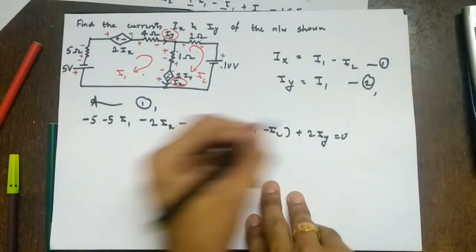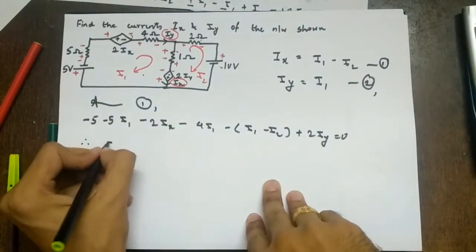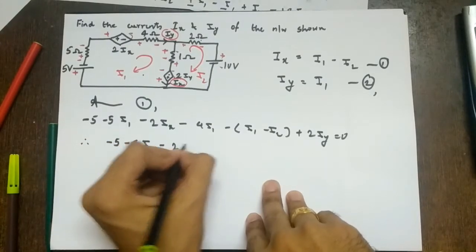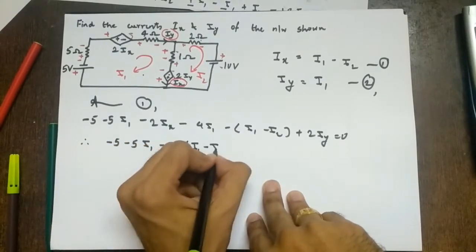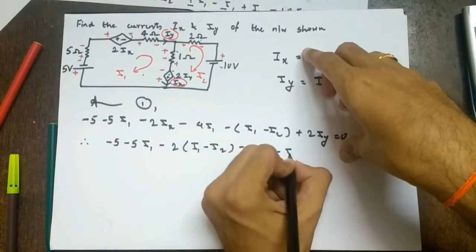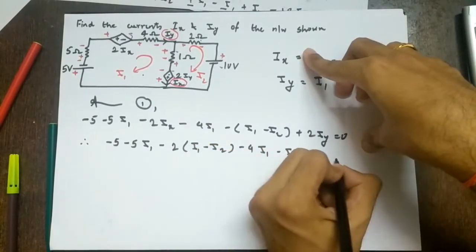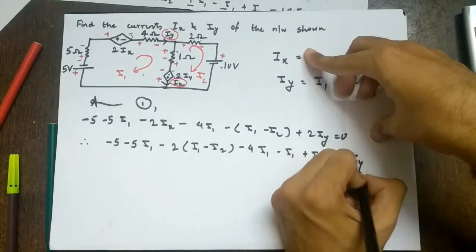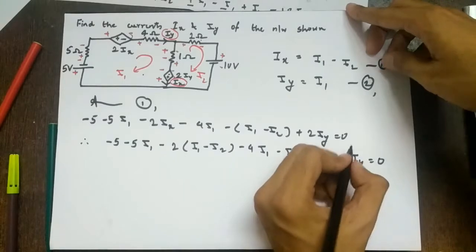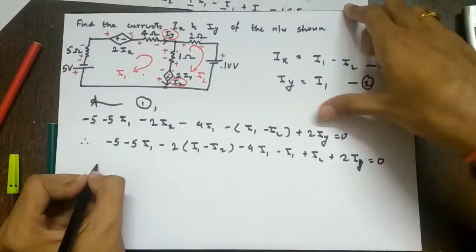Next, substitute Ix and Iy. So therefore minus 5 I1 minus 2 times I1 minus I2 minus 4 I1 minus I1 plus I2 plus 2 Iy equal to 0. Sorry, Iy is what? I1. So this will become I1.